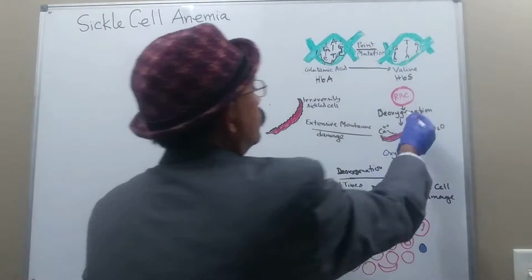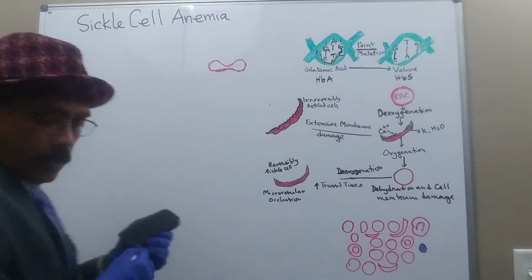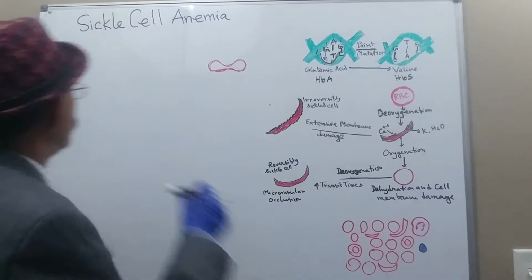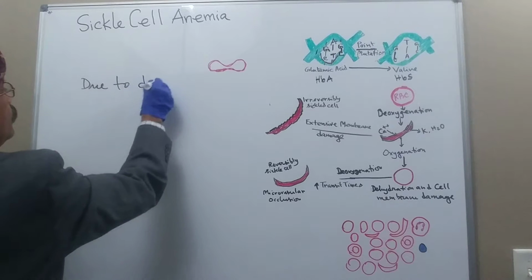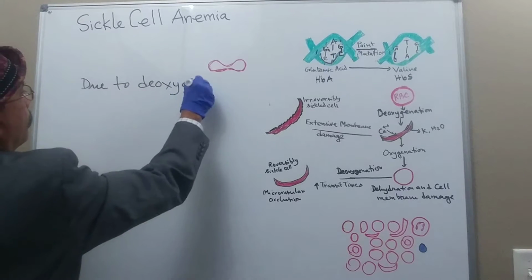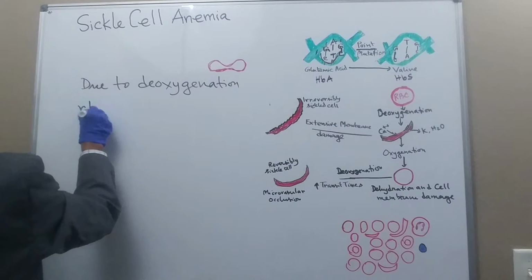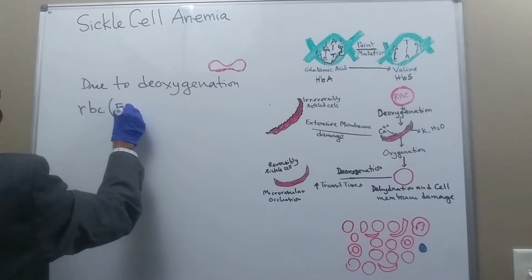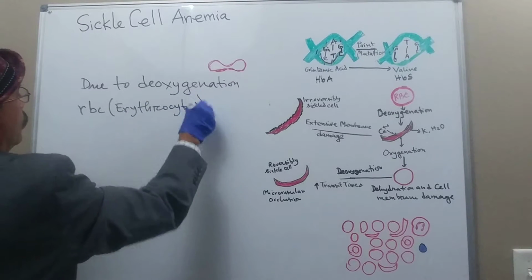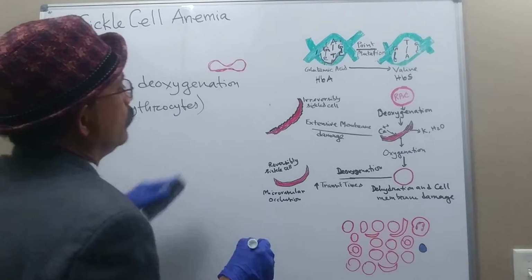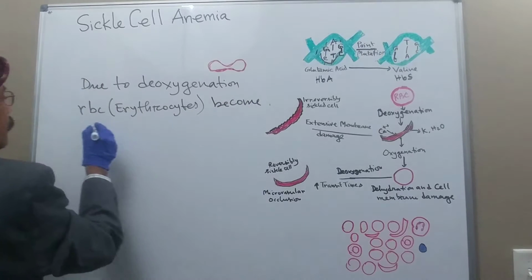Due to deoxygenation, the RBC, or erythrocytes, will be sickled and become sickle shaped.